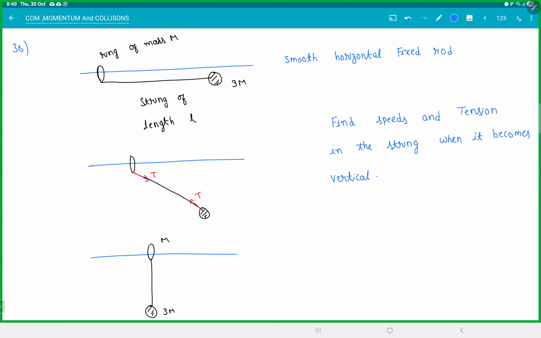Let's see. 27 mg. That looks quite a big value, right? 9 mg by 2. Let's see, that looks reasonable.